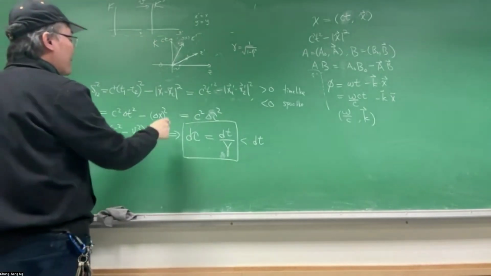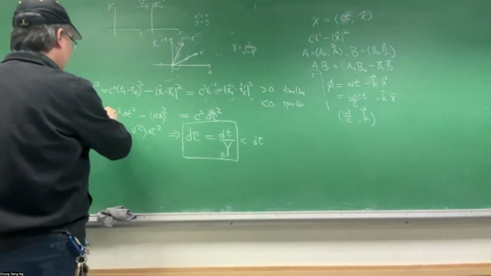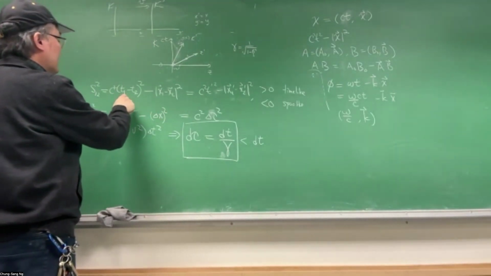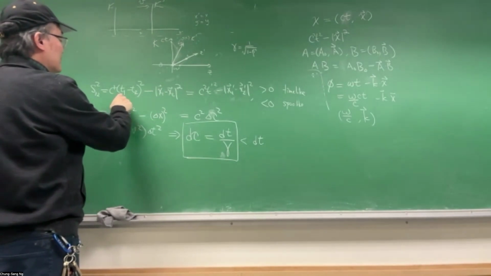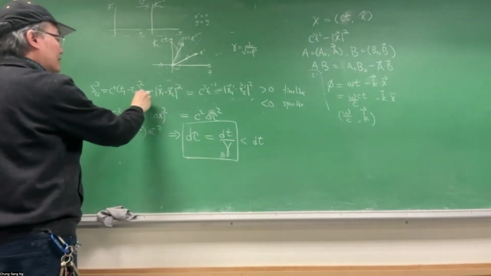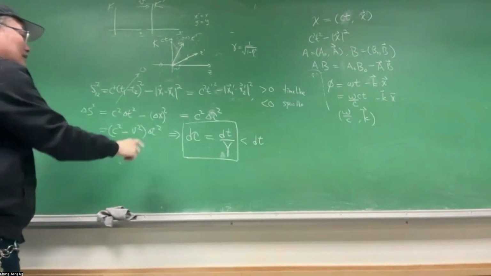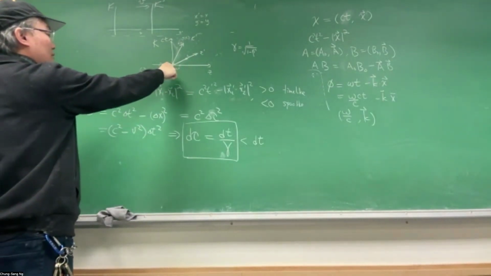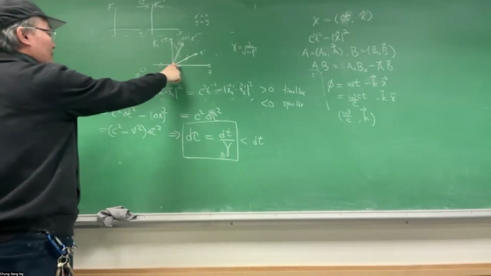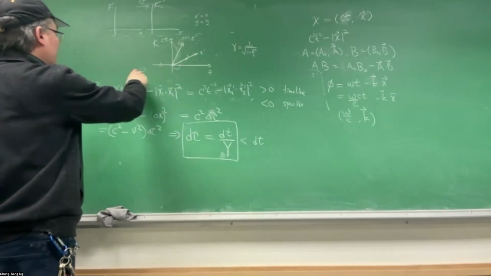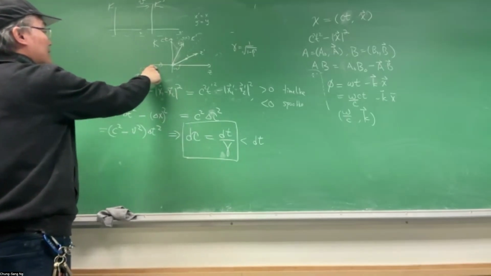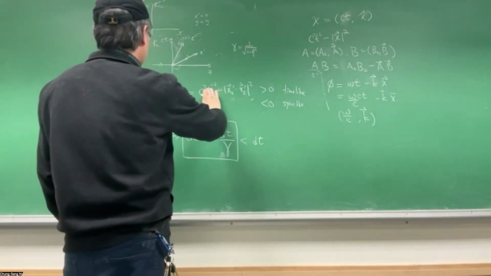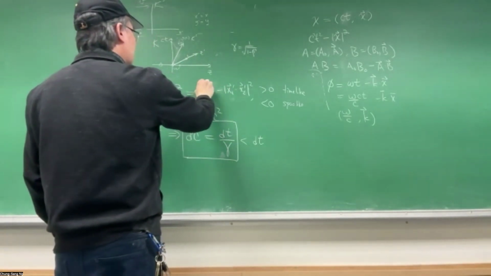By this operation, you want to choose delta t to be 0. You want to set this difference to 0, and you measure the length, or the length squared, between these two points. But these two points are at the same time t, so you need to figure out the difference between these two.